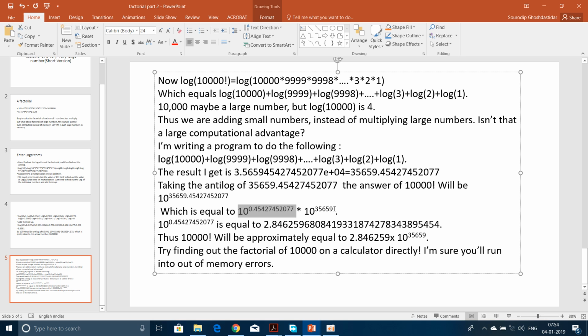It's a huge number, and we obviously couldn't have gotten that by just multiplying those numbers. It's impossible. So 10,000 factorial would be approximately equal to 2.846259 into 10 to the power of 35,659. That's a huge number.